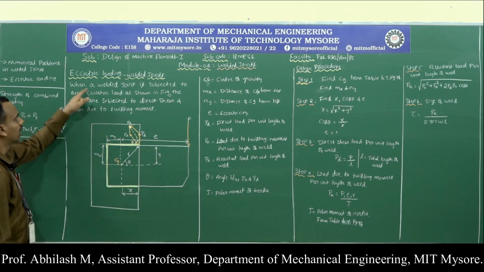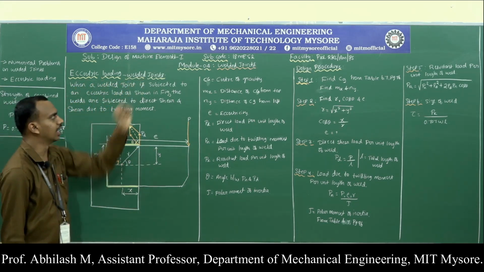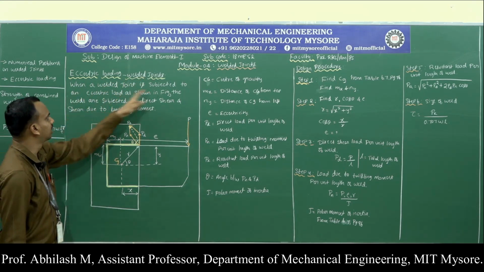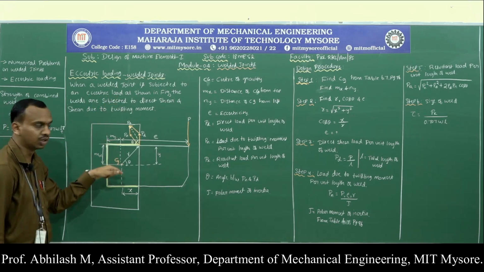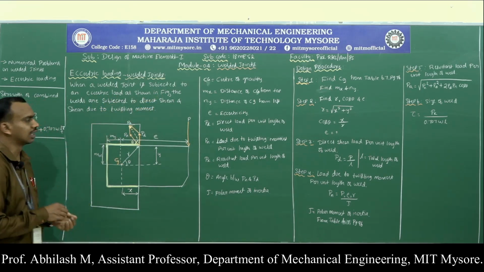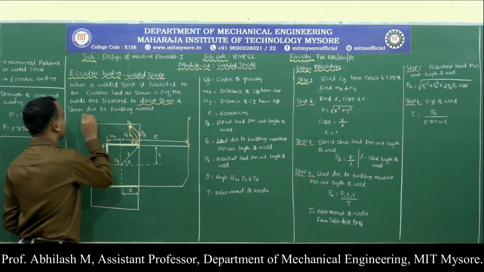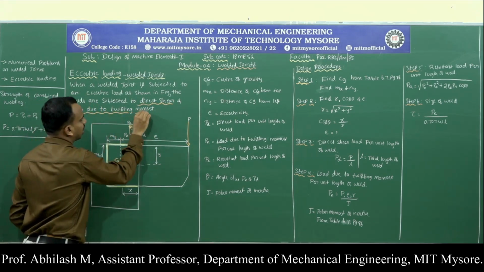So we are looking into the conditions of eccentric loading under welded joints, where when a welded joint is subjected to an eccentric load as shown in the figure, the welds are subjected to direct shear and shear due to the twisting moment.